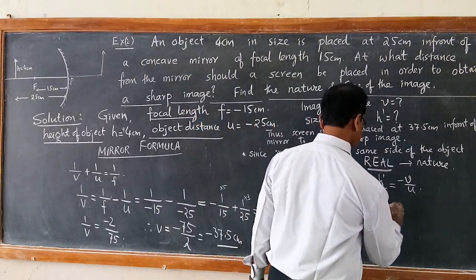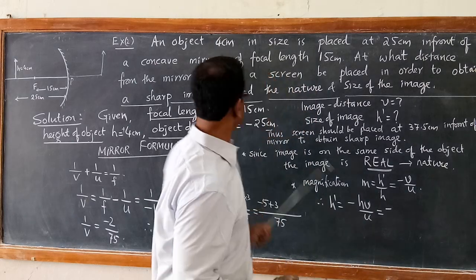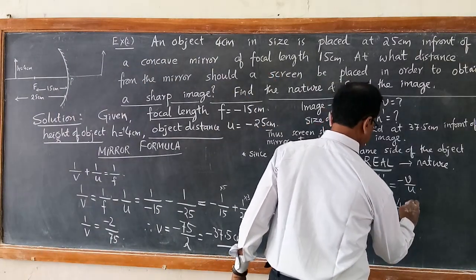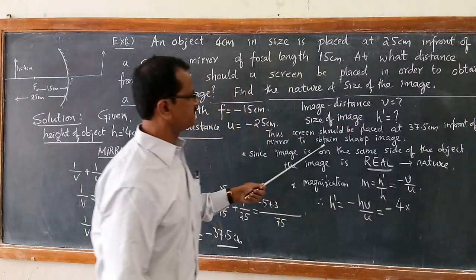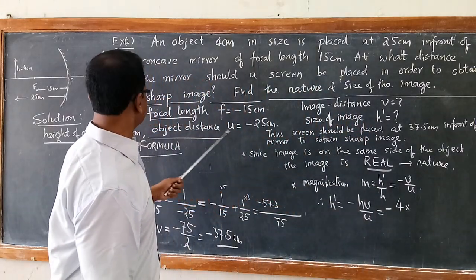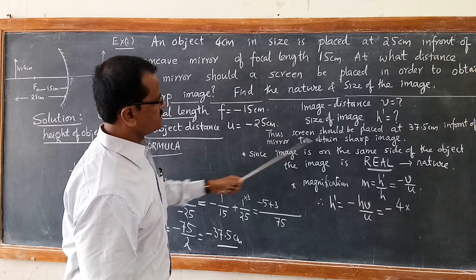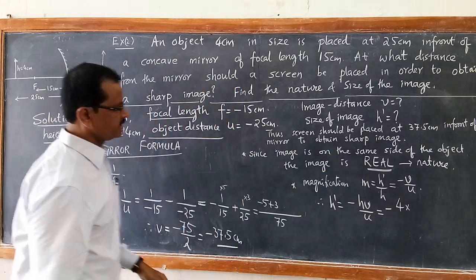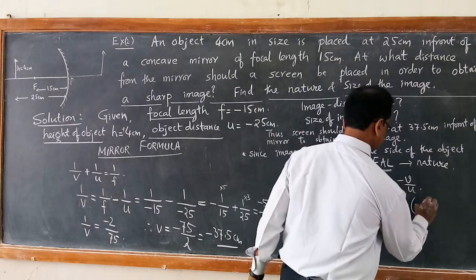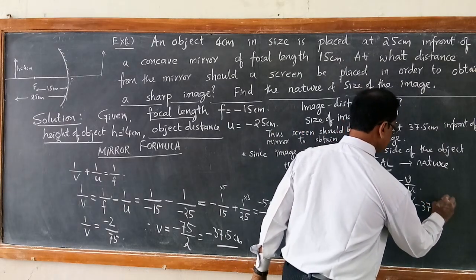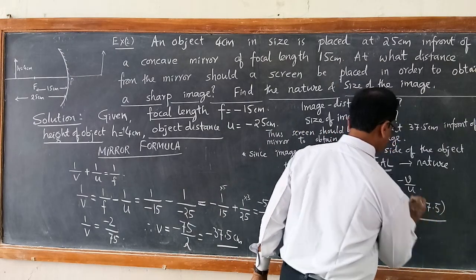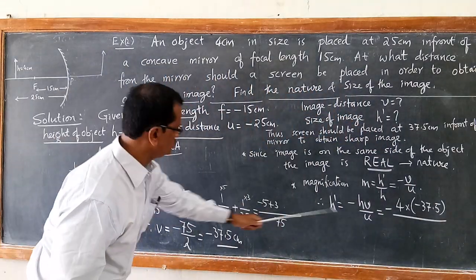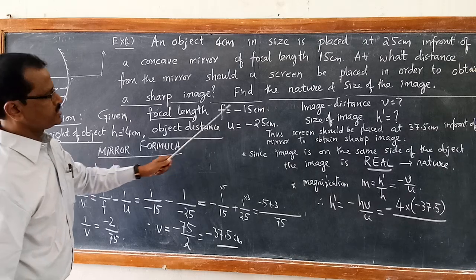That is minus height of the object, 4 centimeters, into image distance, which is minus 37.5, divided by object distance u, which is minus 25.